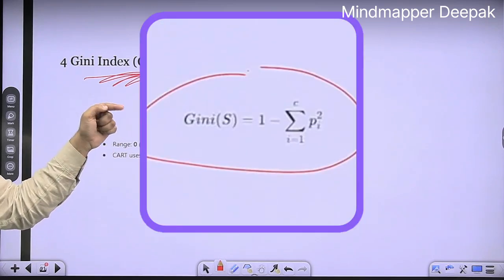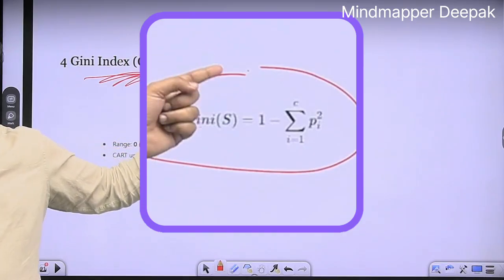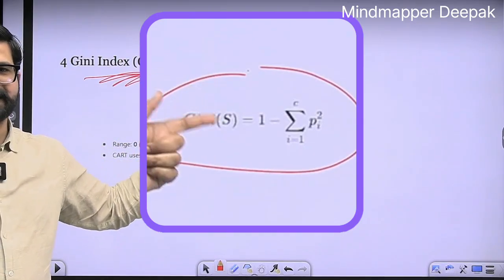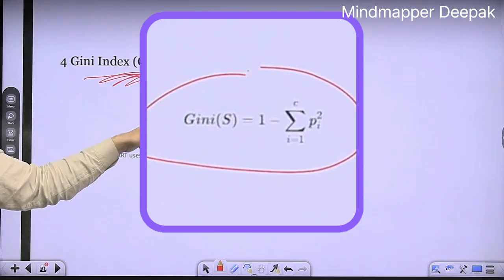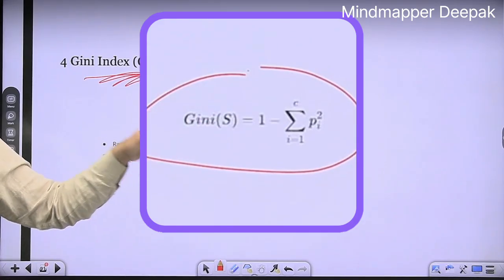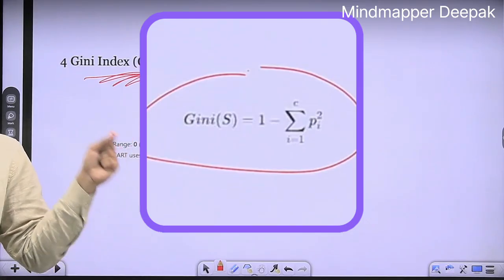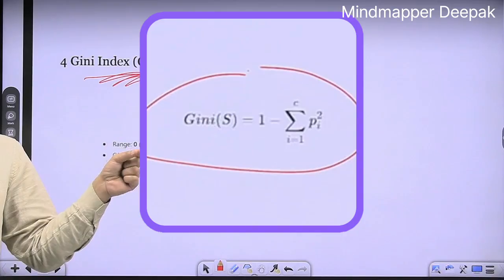C is the number of classes, in the sum of i equals 1 to C. So C is the classes we have. Then we have P_i, which is the proportion of samples of class i in S. Just write it down: P_i is the proportion of samples of class i in S.